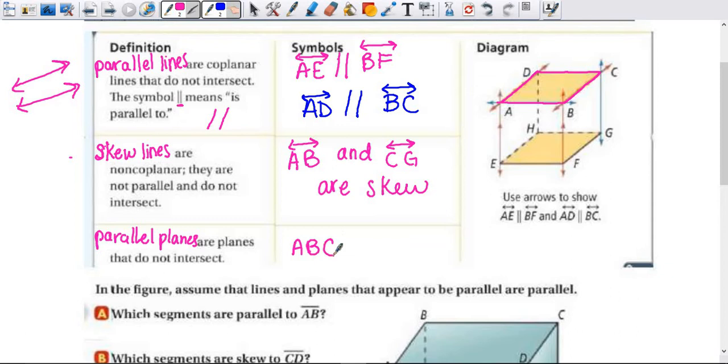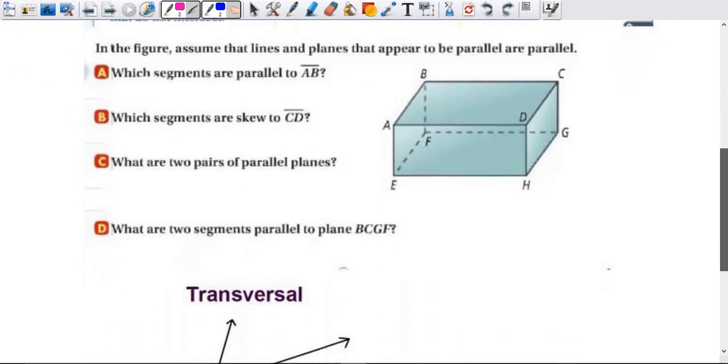So we'll call that ABC is going to be parallel. I'm talking about this whole plane, the whole top. The only plane that one will not intersect with is the bottom here, EFGH. They're going in the same direction and will never intersect. So we can call this EFG if we want, since we only need 3 letters for a plane and we use 2 for lines.